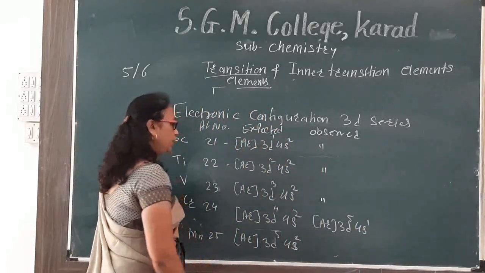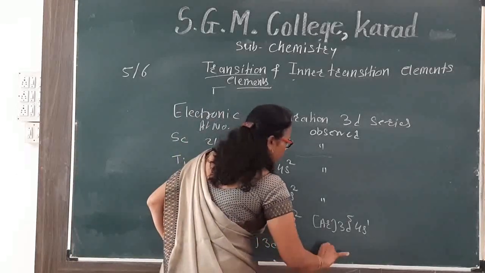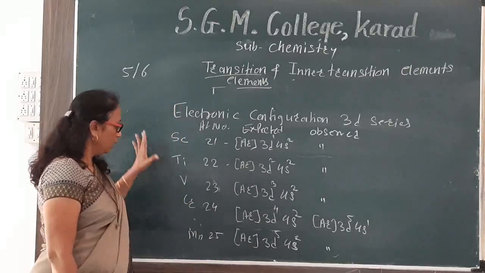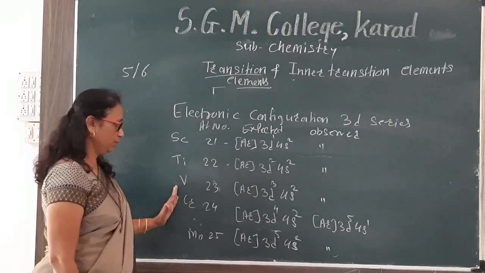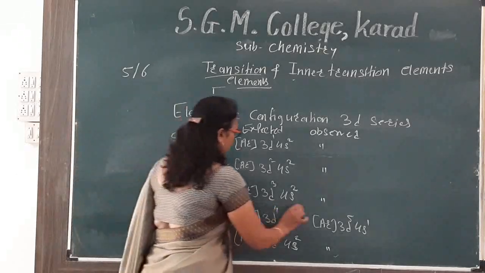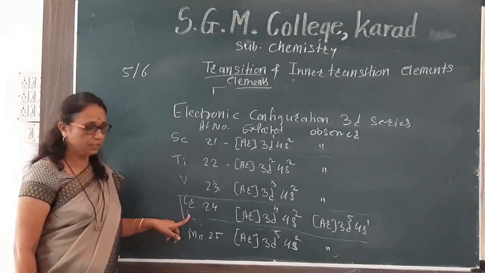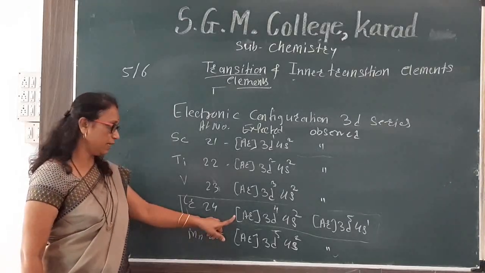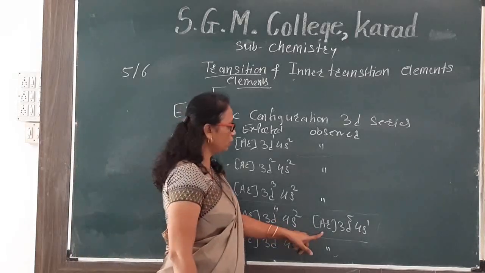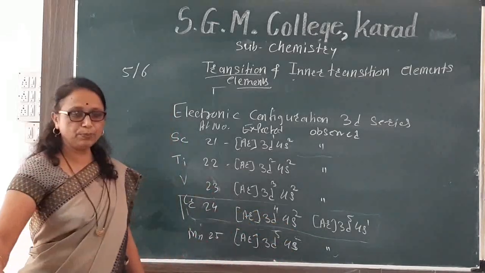The expected configuration of manganese is the same as the observed. So only in chromium, among these five elements, are the observed and expected configurations different. Expected is argon 3d4 4s2 and observed is argon 3d5 4s1. Why it is different we will see.